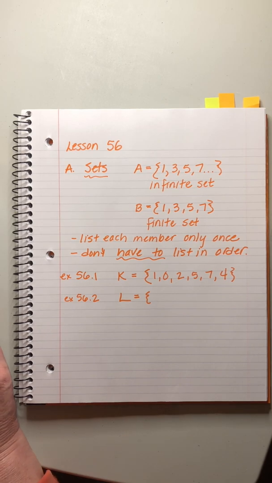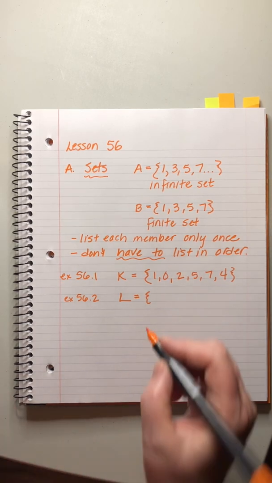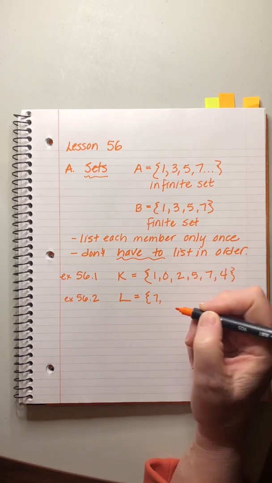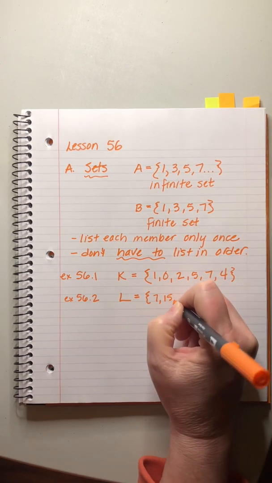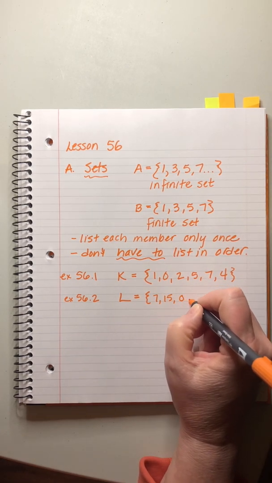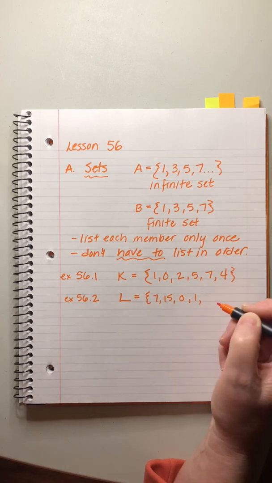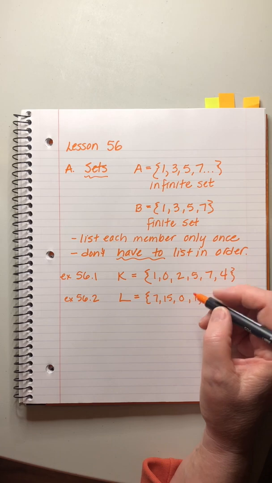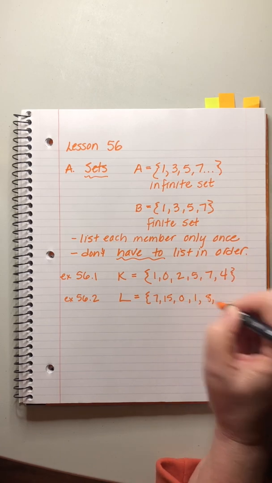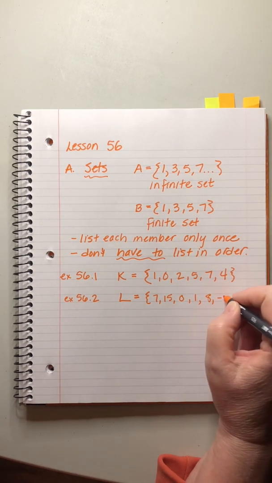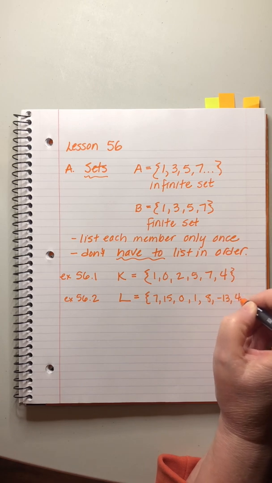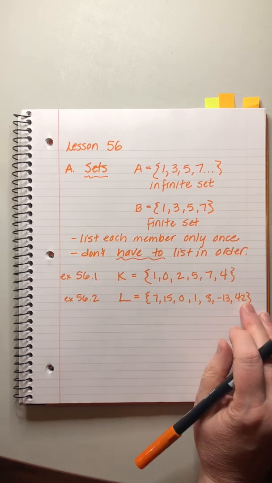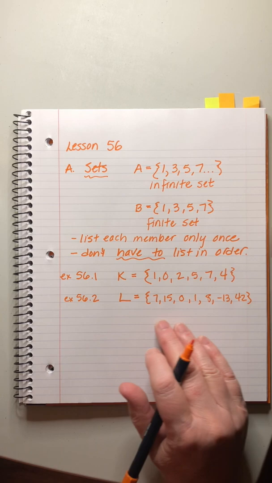All right, so here's the list. I'll read it to you. 7, we need it. 15, 0, 1, 15, already got it. 0, already got it. 8, -13, 42. Okay, this is way more random than this one, but it's okay.